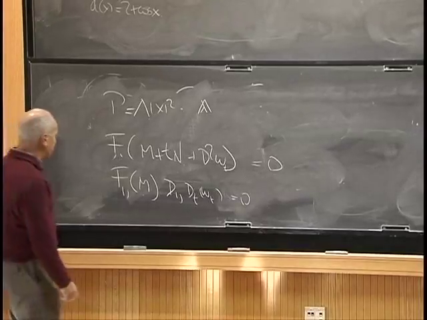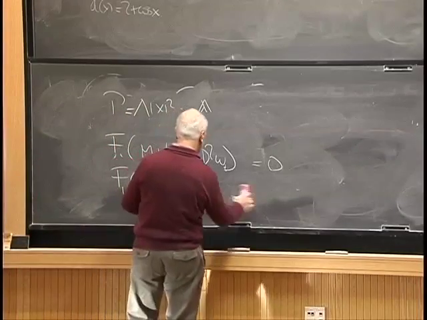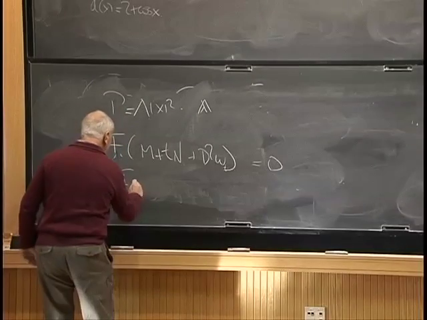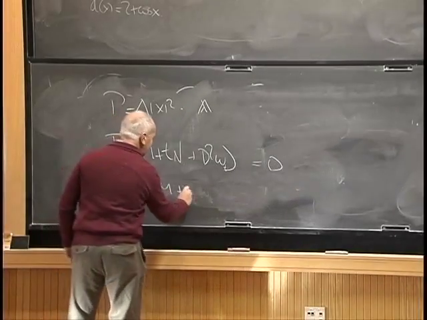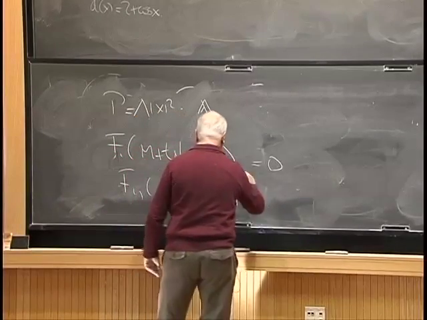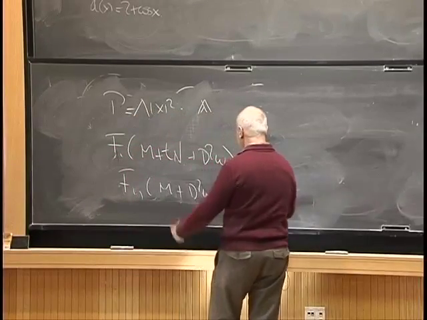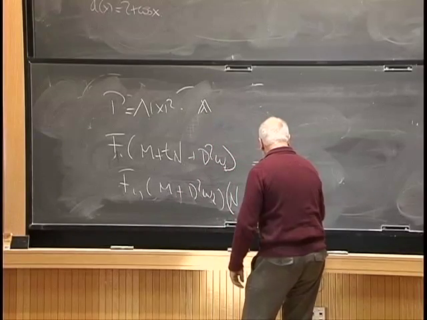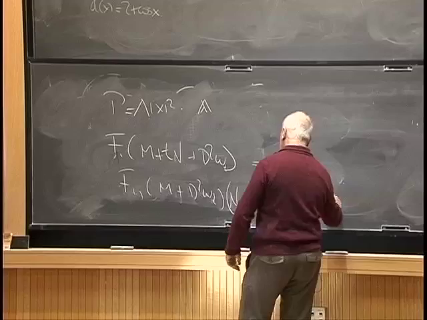Let's see, what am I doing? I'm doing something wrong. Taking the derivative of this, I get fij of m plus d squared w sub t times n, plus fij times d squared of dt of w equal to 0.